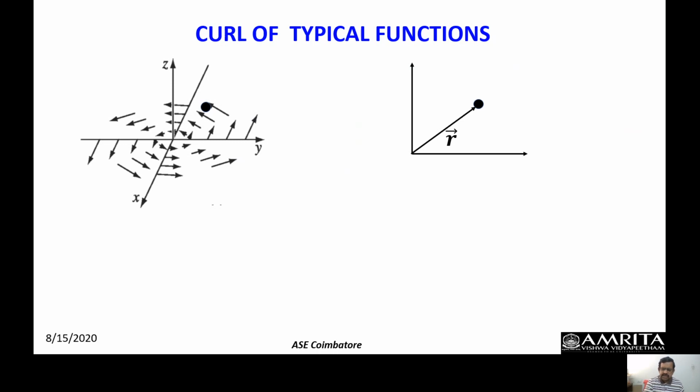So this is my x, this is my y, and the position vector to this point is going to be x i hat plus y j hat.